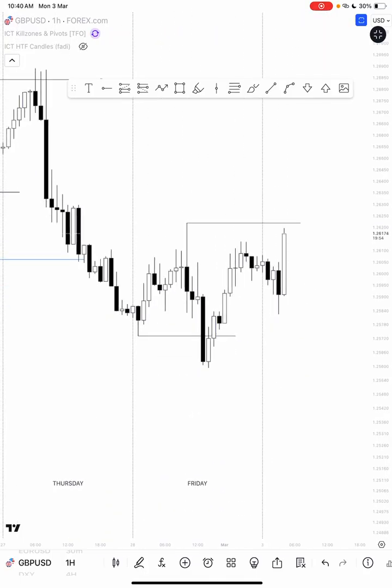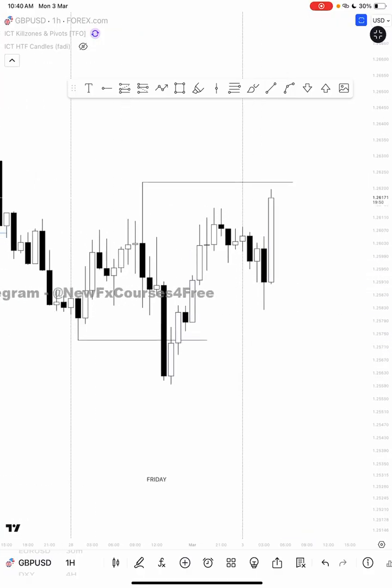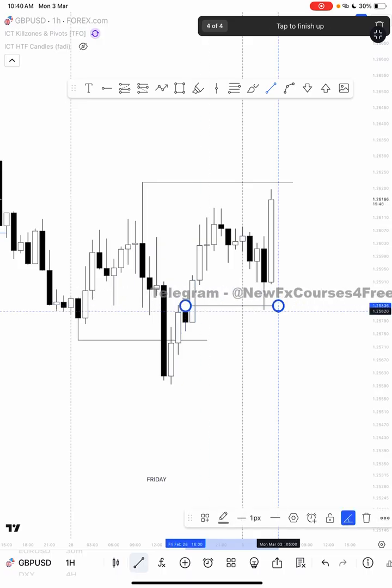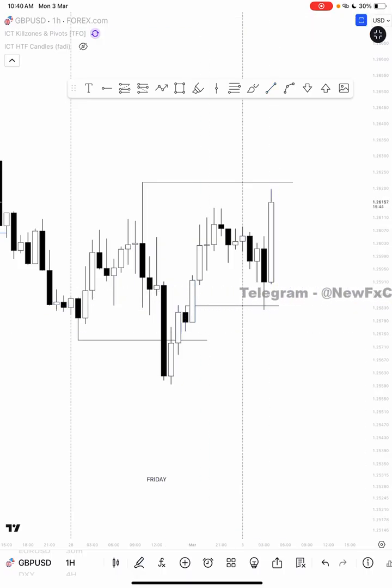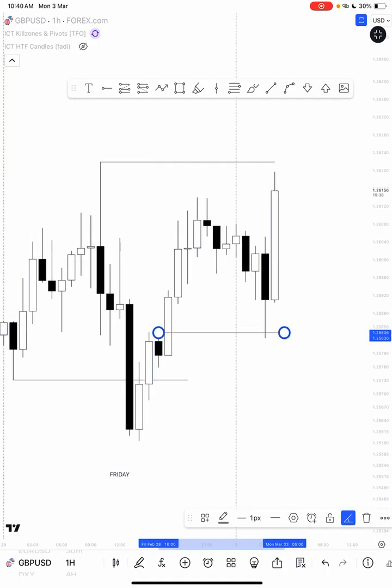So here, this move is Monday's price action. So here the market actually returned to a discount region here, which is this order block.